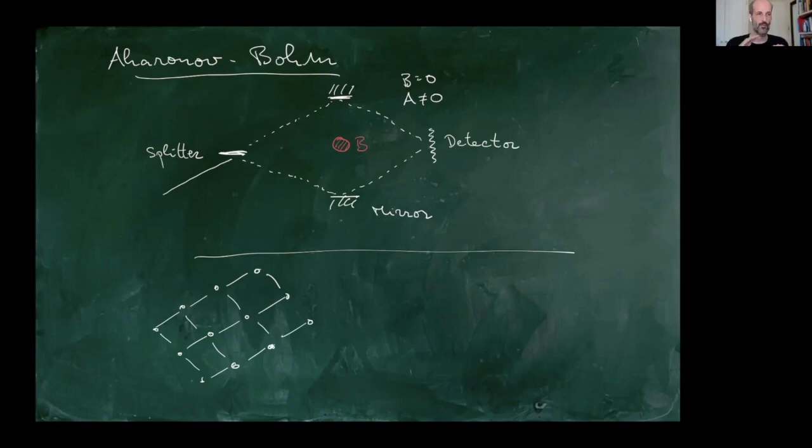So now let's try to take some kind of continuum limit of this. So what this means, if we think of this grid as being very, very fine, right?